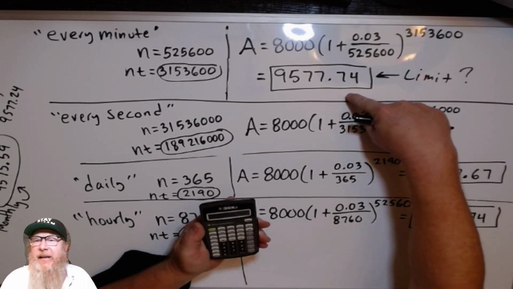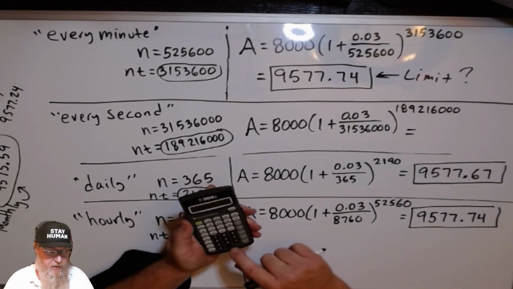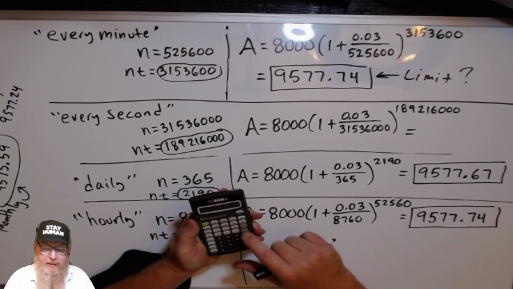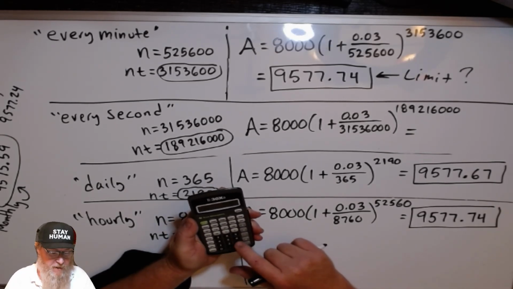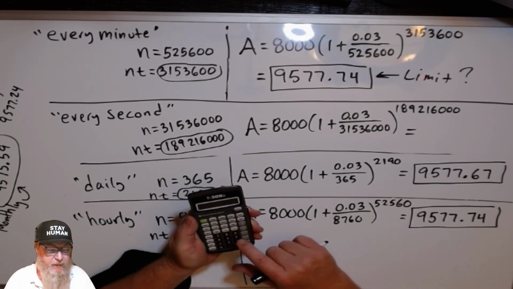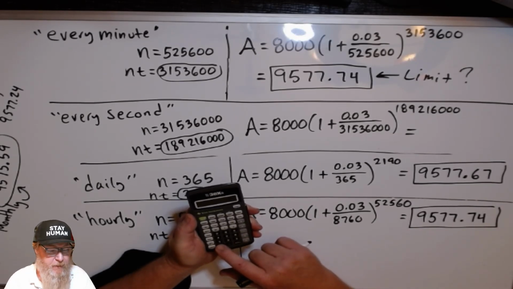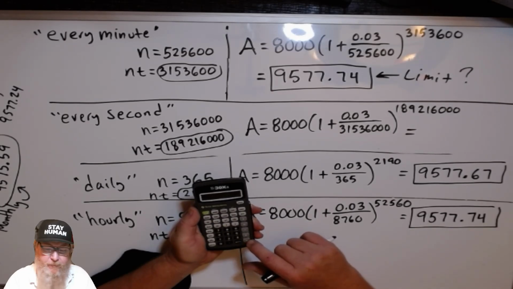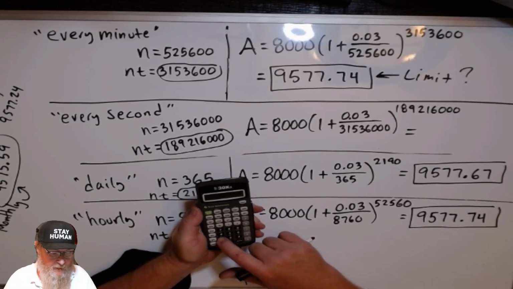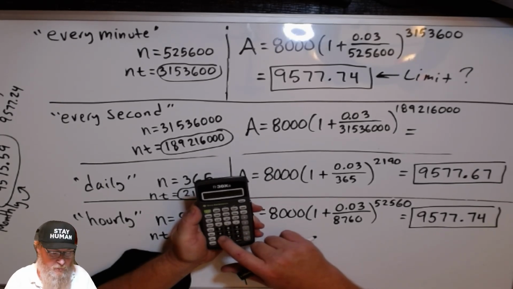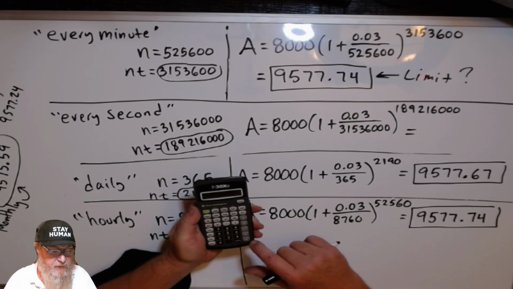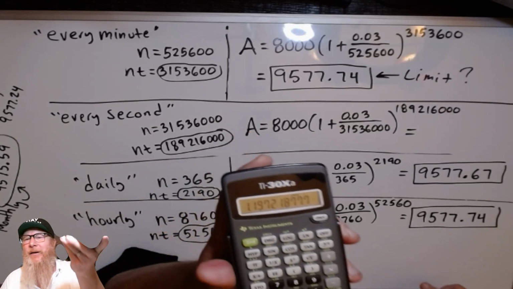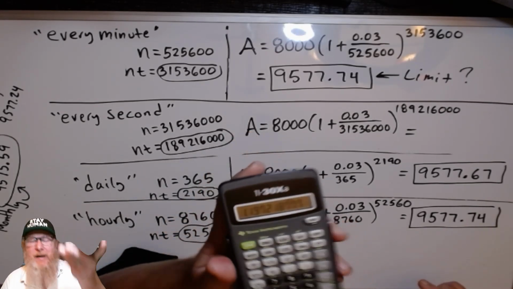I have a feeling it's going to be the same number, but let's just do it anyway. 0.03 divided by 31,536,000. Make sure you get the right number of digits. Plus 1, raised to the 189,216,000. And look, it's the same 1.19.